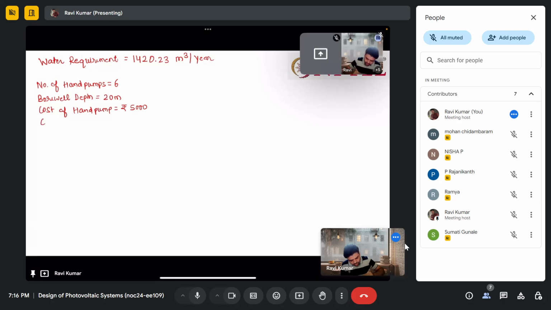Then cost of digging is given 250 rupees per meter. And hand pump lifespan is given 10 years.